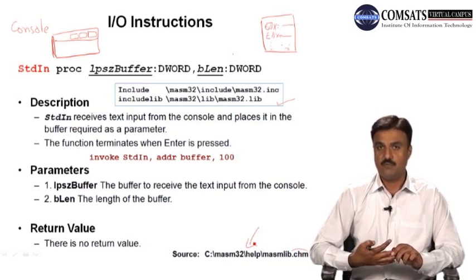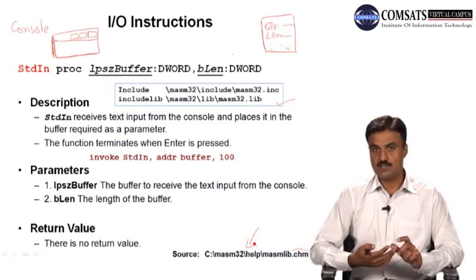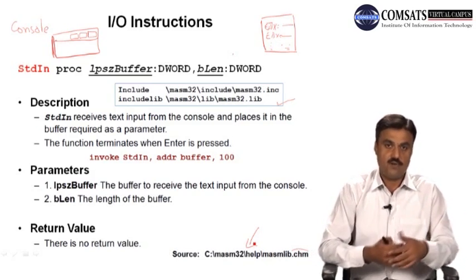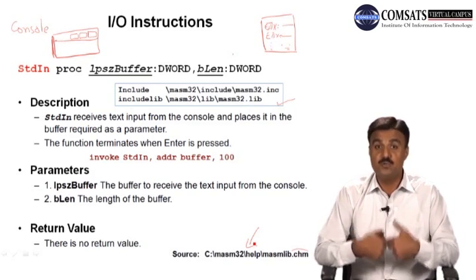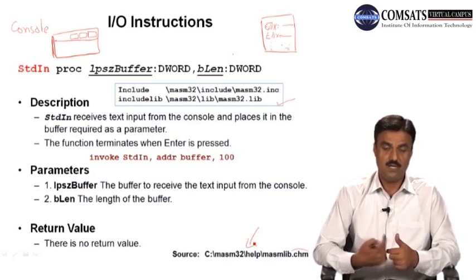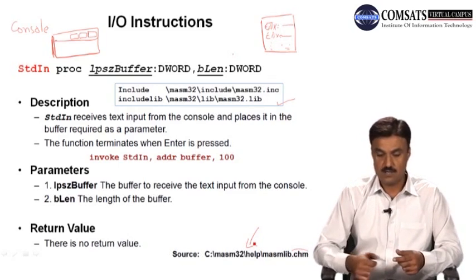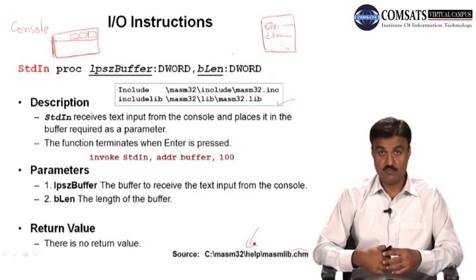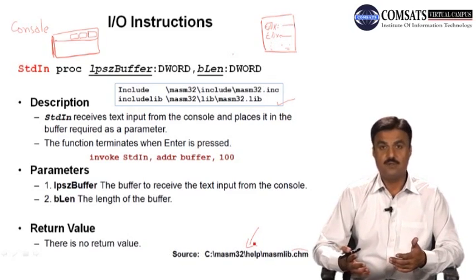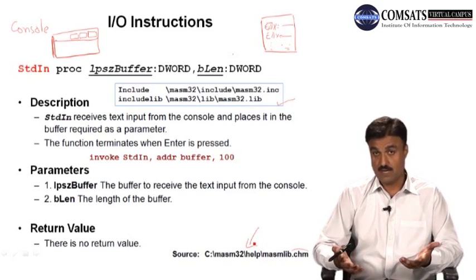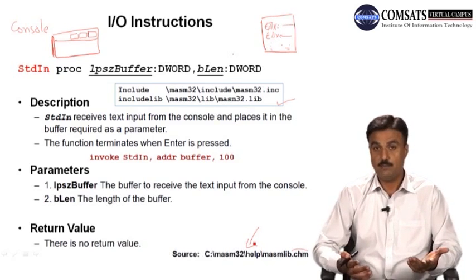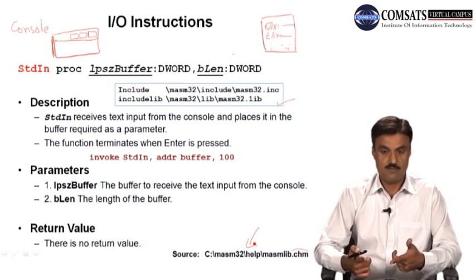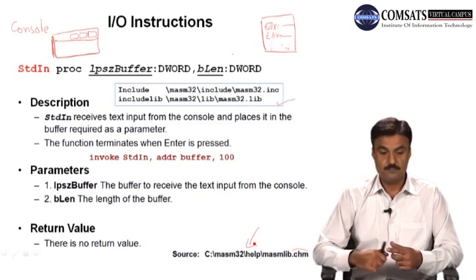If you want the instructions like AND and OR, there is a separate help file. If you need help on how to use this assembly, it is also available inside this directory. This is just one tip: you don't need to go anywhere else on the internet. Sometimes if you don't have internet and you are programming alone, you can directly go inside this help directory and see these help files.